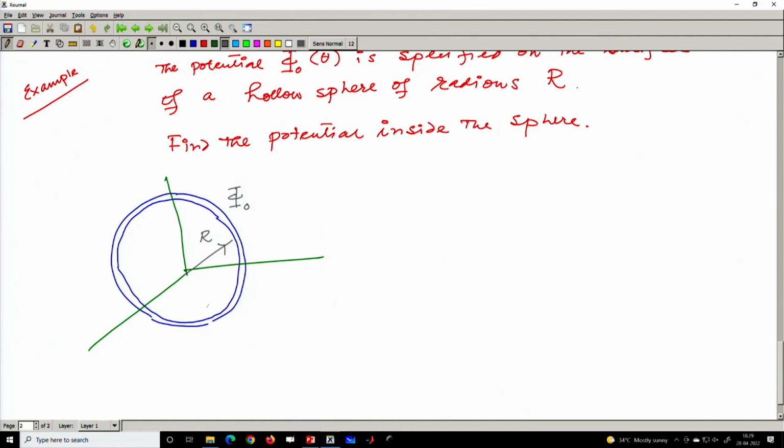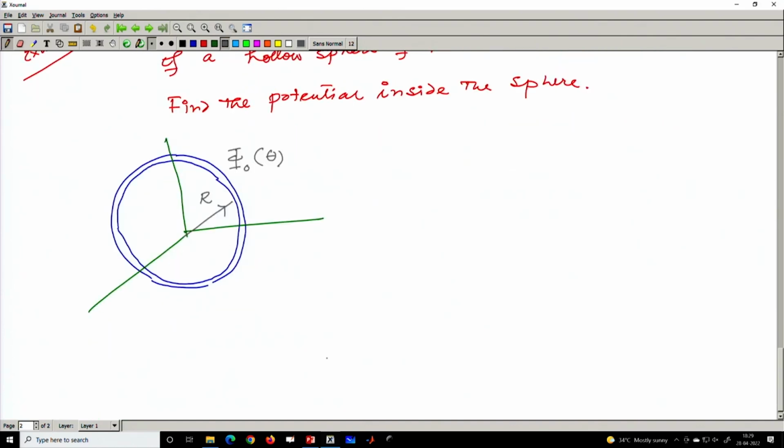So when you move theta, there is a phi symmetry, but if you move theta, it should be a function of theta. Now the question is, it is given on the surface, what should be the potential inside, that means in this region when r is less than big R.